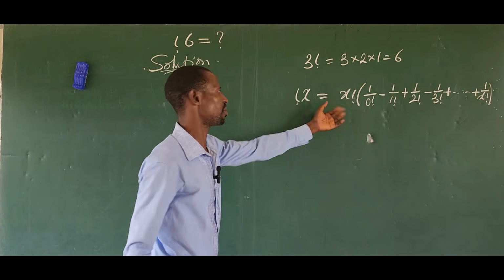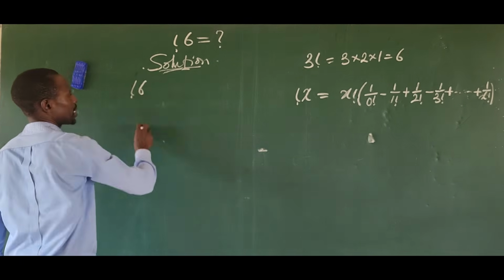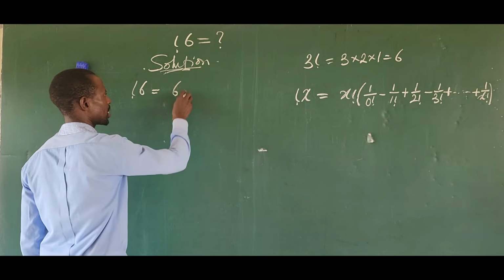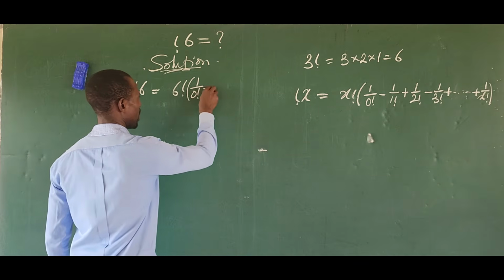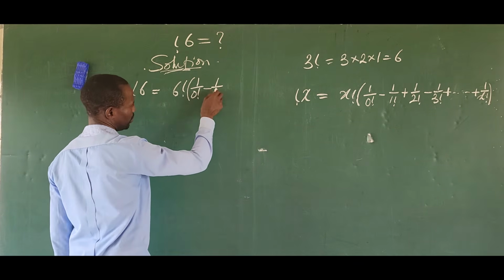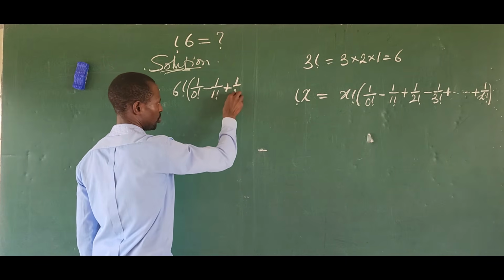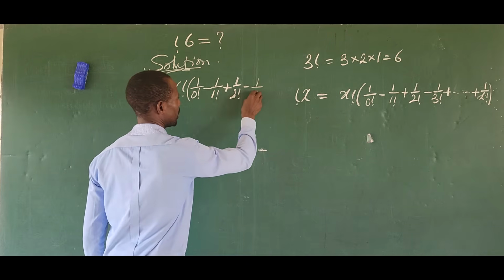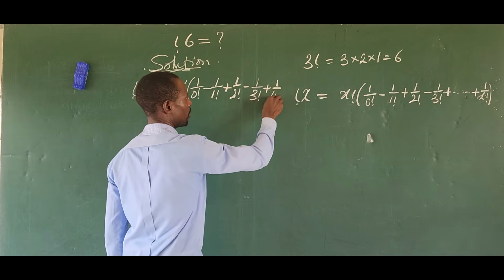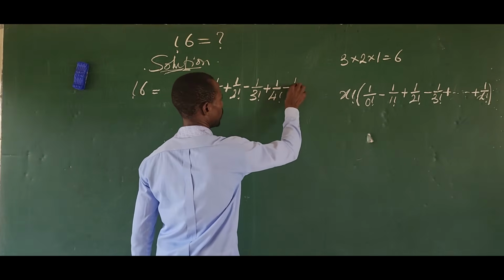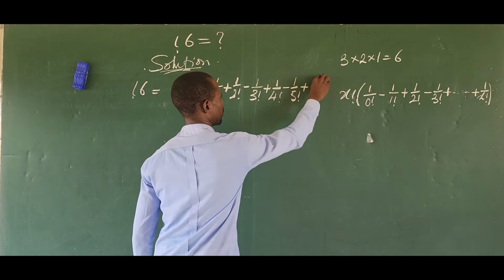Having known this expression for our subfactorial, we can say the subfactorial of 6 will now give us 6 factorial, bracket, 1 over 0 factorial, then minus 1 over 1 factorial, then plus 1 over 2 factorial, then minus 1 over 3 factorial, then plus 1 over 4 factorial, then minus 1 over 5 factorial, then plus 1 over 6 factorial, close the brackets.